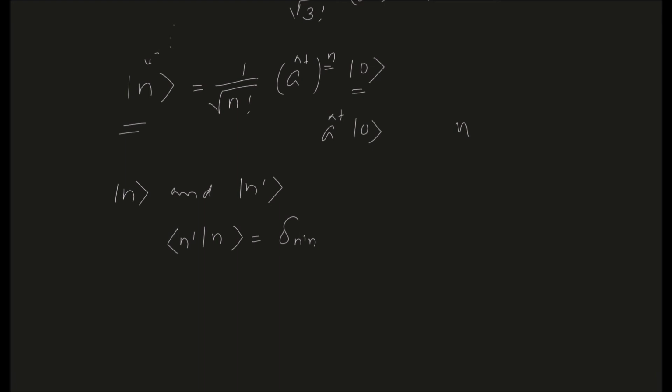We have seen that all these states like 0, 1, 2, because n is basically some number, etc., are the simultaneous eigenstates of the Hamiltonian and the number operator n.